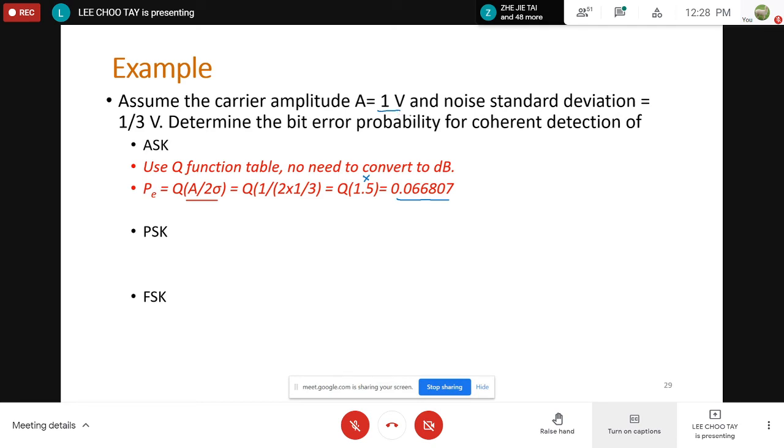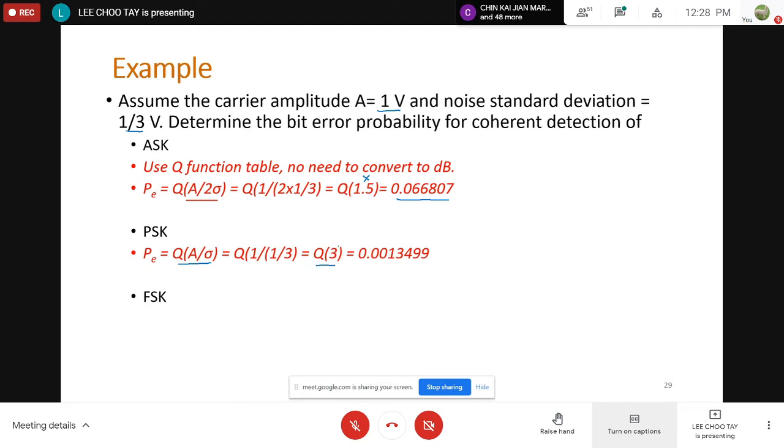What about PSK? For PSK, the probability of error equation is Q of A over sigma. A is 1, sigma is 1/3, so you need to find Q of 3.